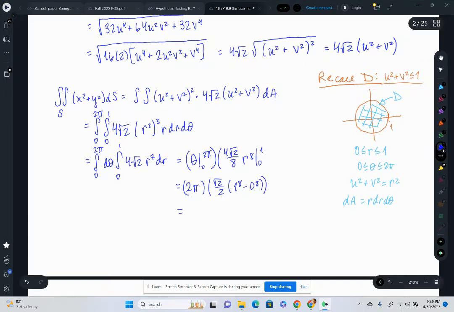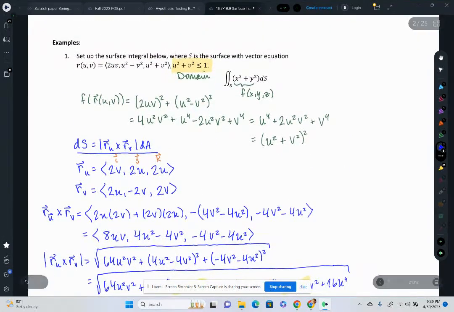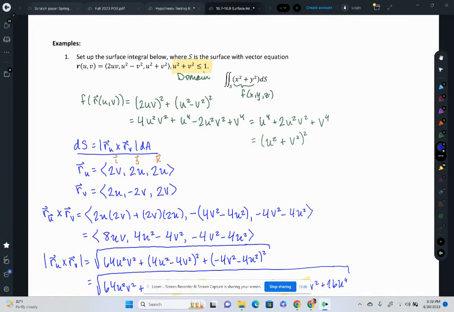And this finally simplifies to pi square roots of 2. And that's it. That is the value of the surface integral over that surface area. Okay, so it's a lot of work for the setup and not a whole lot for the actual integrating.